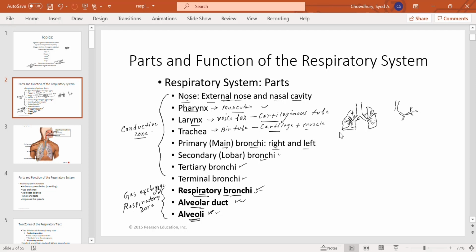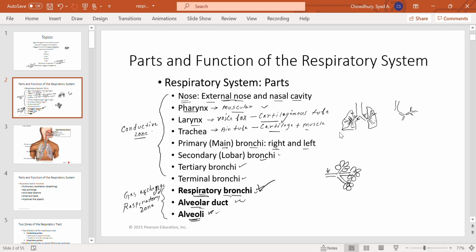So if I just see the last three parts, this is the respiratory bronchiole, and then the alveolar ducts. These are the alveolar ducts, and these are alveoli. So they look like the grapes, a bunch of grapes. These are air balls, alveoli.